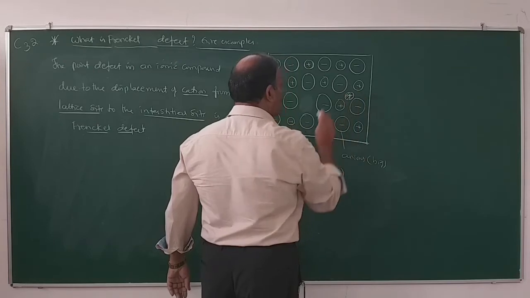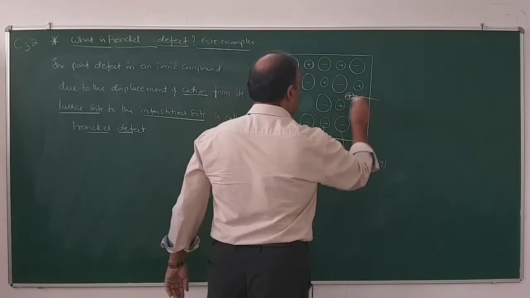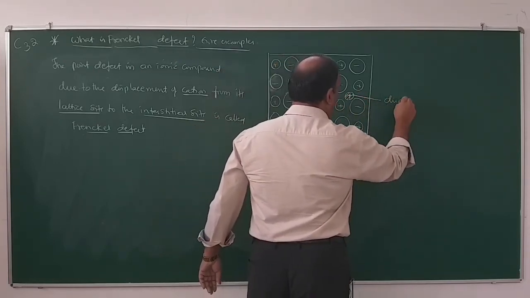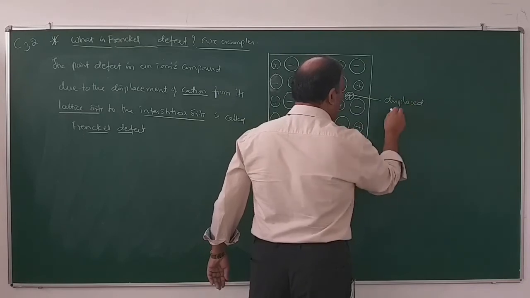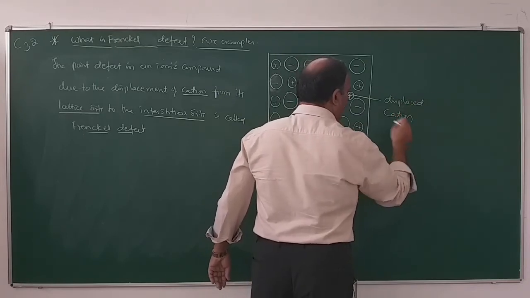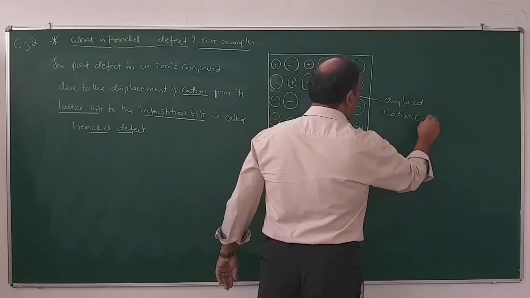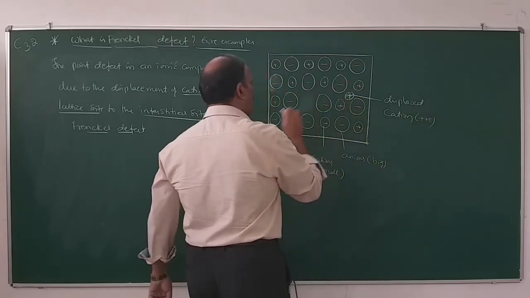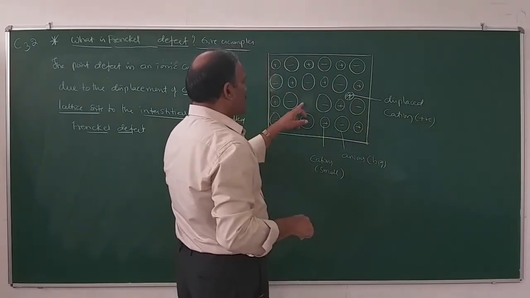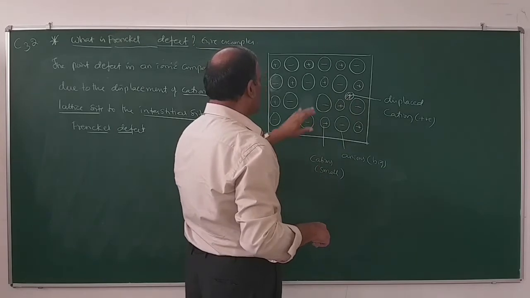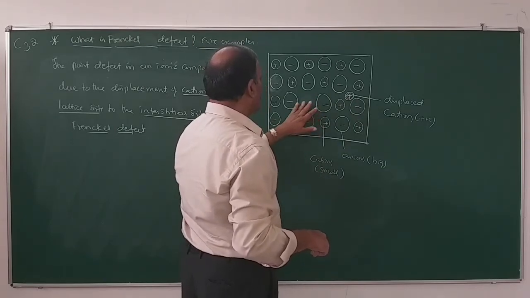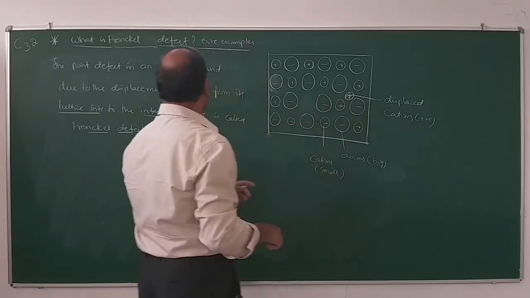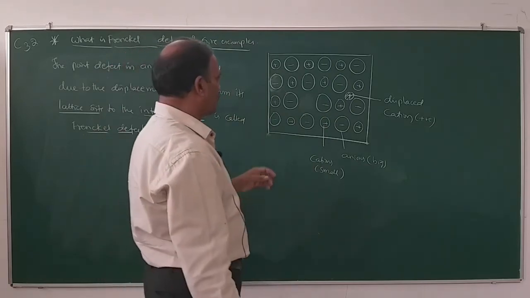So this is a positive ion displaced. The cation, that is the positive ion, is displaced from its lattice site to the interstitial site. So this defect is known as Frenkel defect.